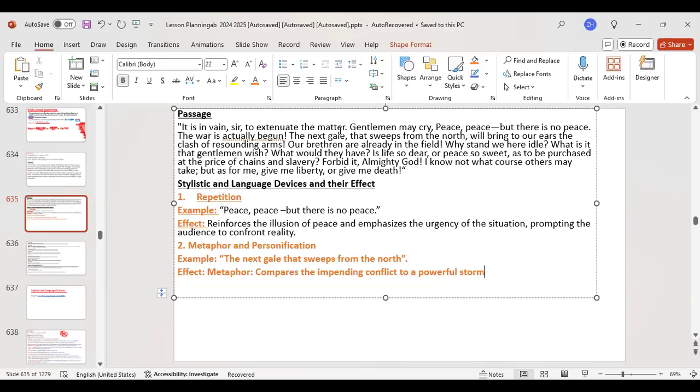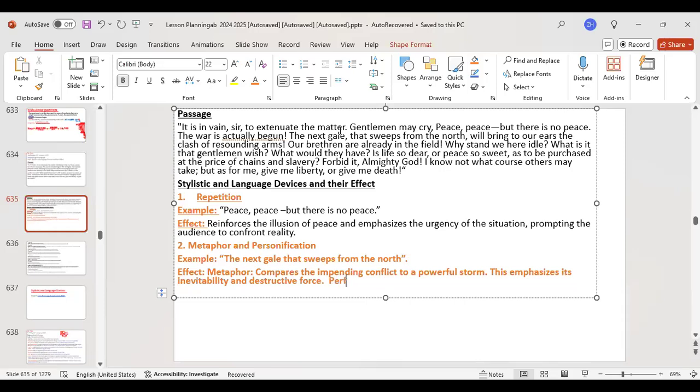So this emphasizes its inevitability. When I say inevitability, what does that mean? And destructive force. But it's unavoidable. It's bound to happen. Yeah, it's unavoidable. It's bound to happen. That's the metaphor side.